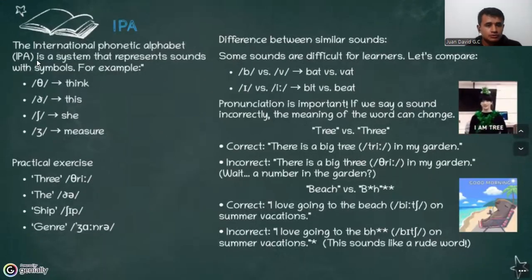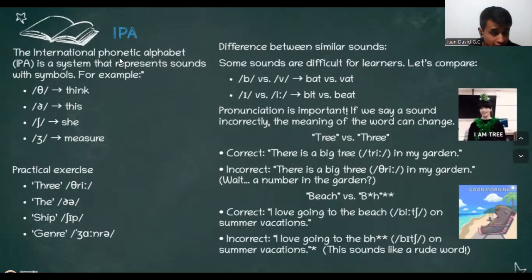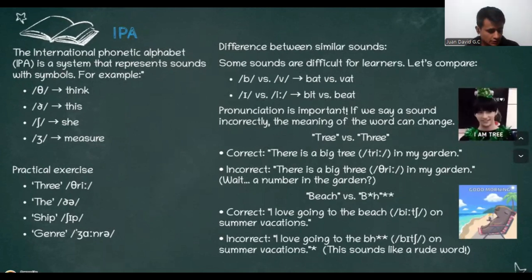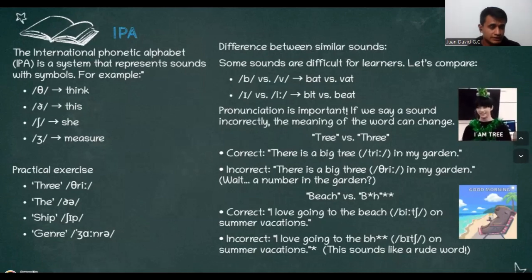Like I told you, the IPA, the International Phonetic Alphabet, is a system that represents sounds with symbols. We have these symbols that show us how to pronounce.